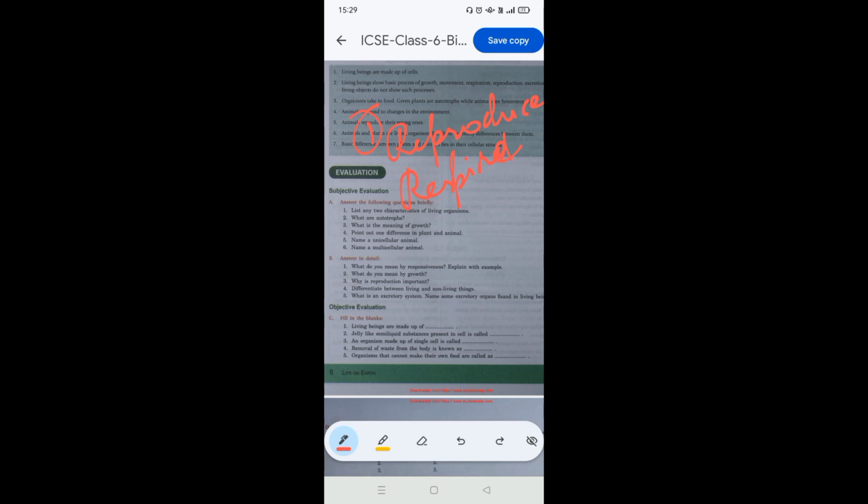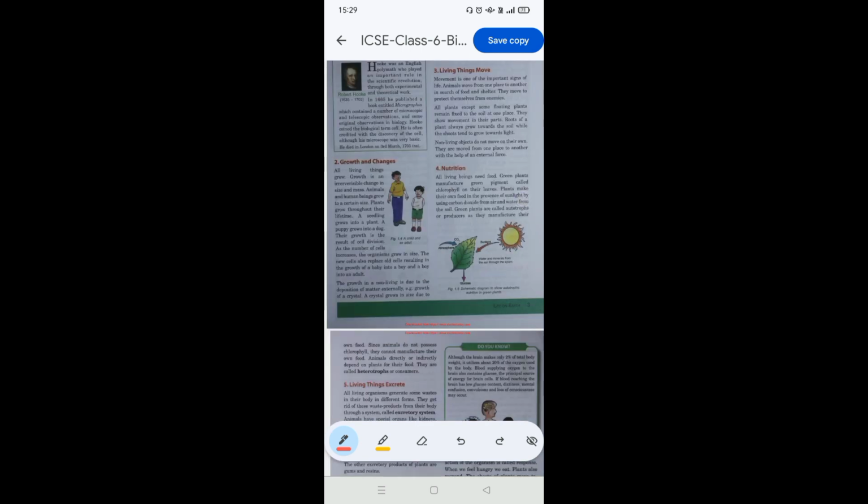What are autotrophs? So the second question is, what are autotrophs? Green plants are called autotrophs or producers as they manufacture their own food. Right?